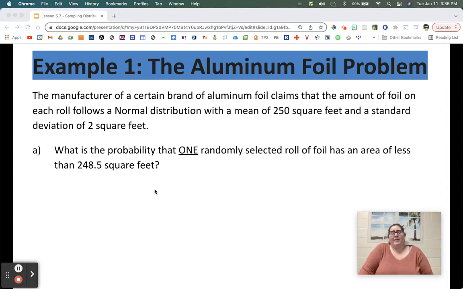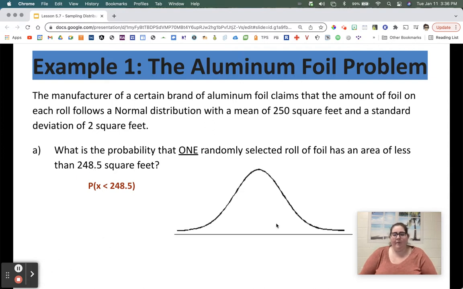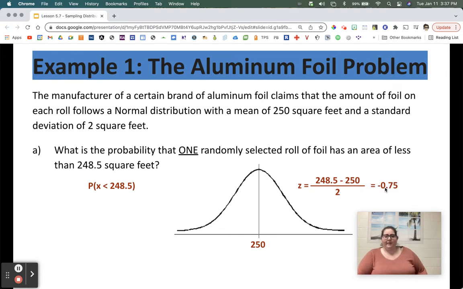So this is actually what we originally learned with normal model. We would just do that same thing. So we're just finding the probability that a single value x is less than 248.5 square feet. I have my normal model because they told us that this distribution is normal. My mean is 250, standard deviation is 2, so I could add and subtract standard deviations either direction. I would find a z-score. So z-score is equal to our observed value of 248.5 minus the mean of 250 divided by 2, which is negative 0.75.